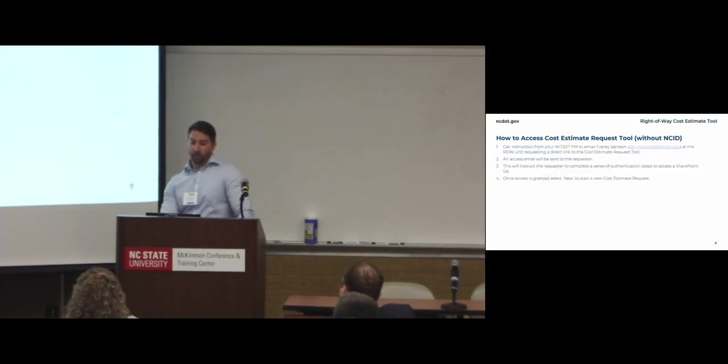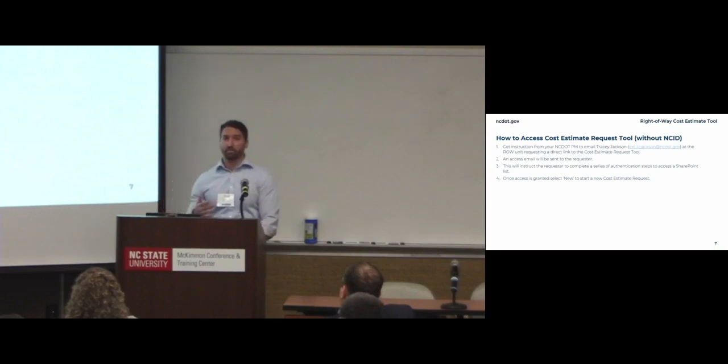If you don't have an NCID, say you're an NCDOT PM and you have somebody on your project team that you're going to task with making that cost estimate request, and they're not an embedded employee and don't have an NCID, they'll go through this process.